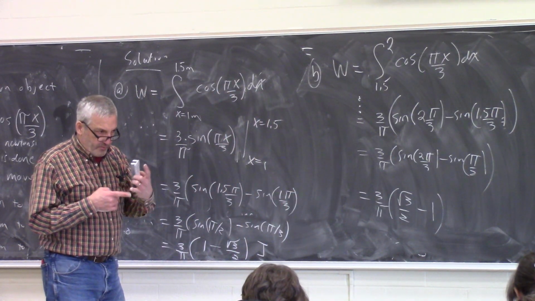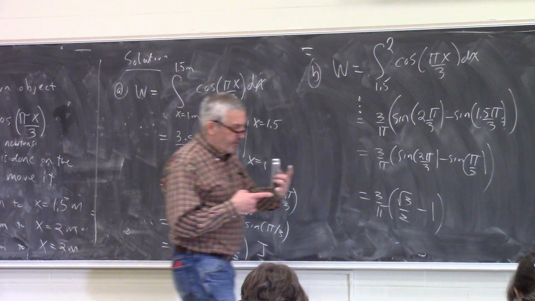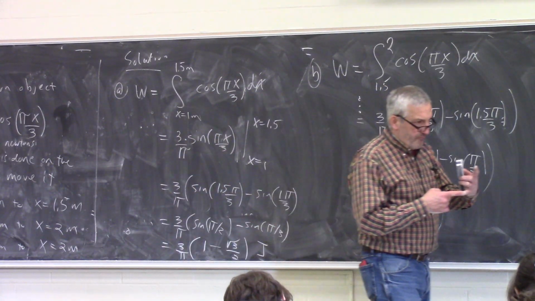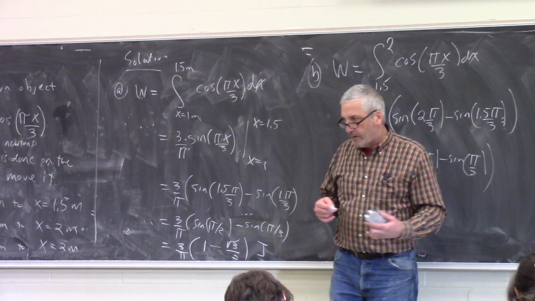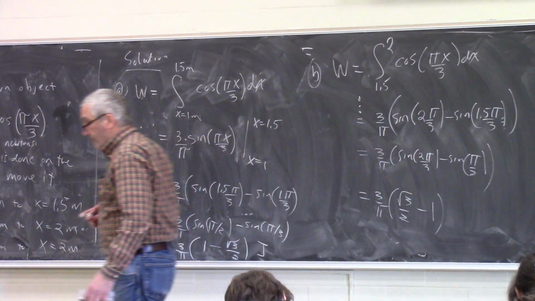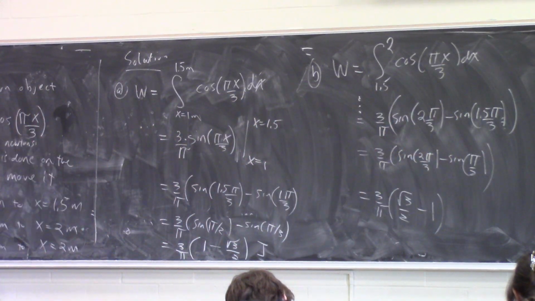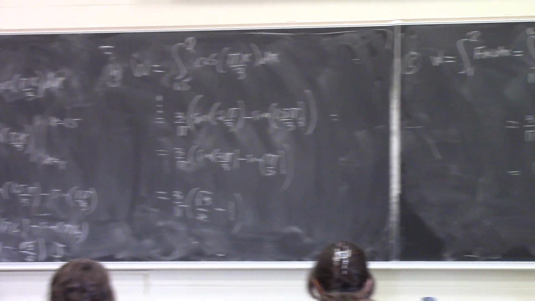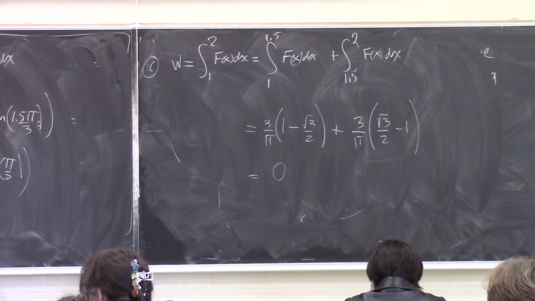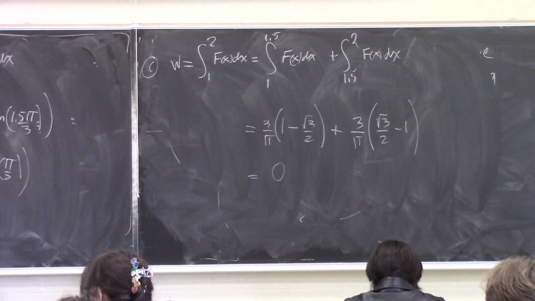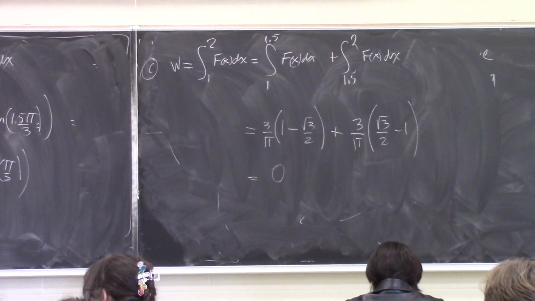So the force is doing work on the object. But in the second part of the motion, the force is going in the opposite direction of the motion. So the force is actually doing negative work on the object. The object's doing work on the force, you could say. So anyway, those add up to 0. So that's part 1, just the introduction to the idea of a force that depends on position.